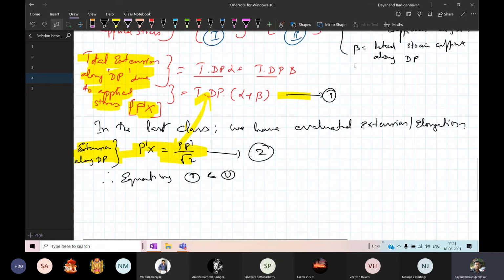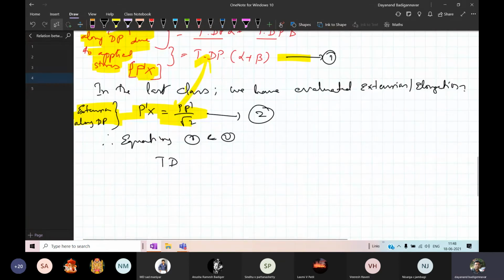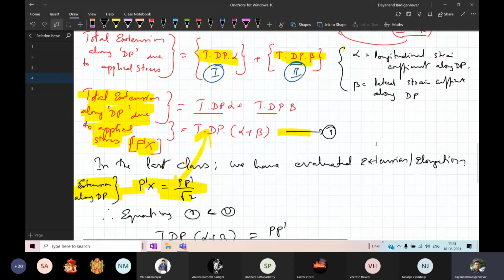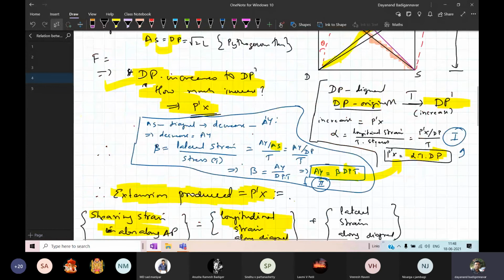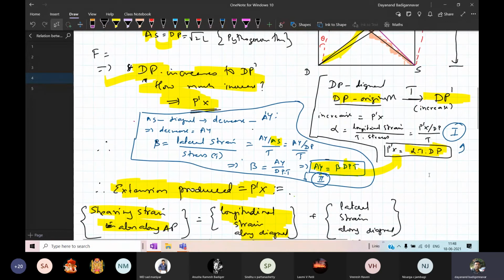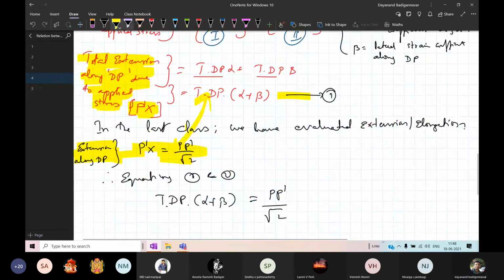So T into DP into alpha plus beta is equal to P dash divided by root 2. What is P dash? It is given by X. So P dash is given by X, divided by root 2.